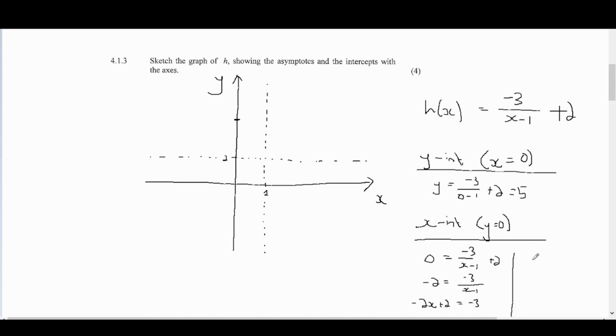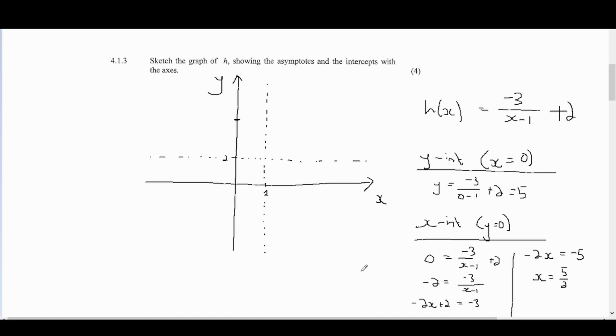We then solve for x, continuing to solve for x. We take the 2 over, it becomes minus 5, so it's minus 2x equals minus 5. We then divide by minus 2 to get x by itself, so it's x equals 5 over 2, the negatives cancelling each other out.